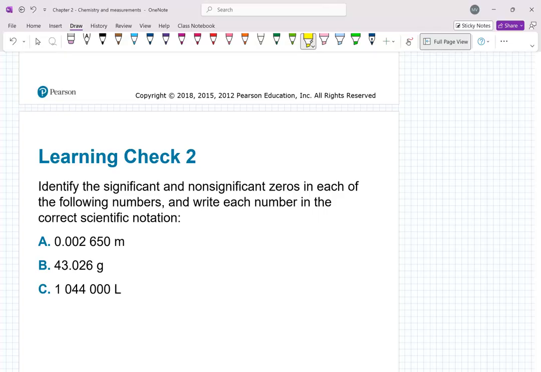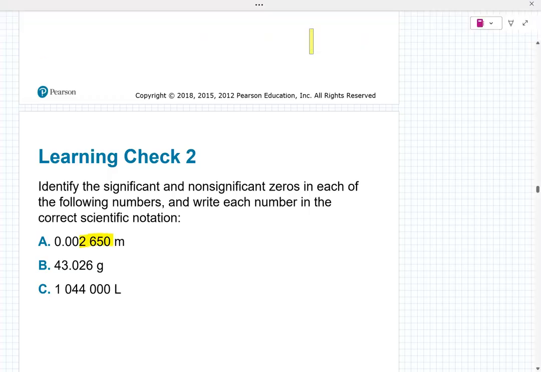So in the very first one, how many significant figures do we have? Where do they start? In B, how many significant figures? In C, how many significant figures? 4. Okay? Good? Because remember, trailing zeros at the end are not significant.